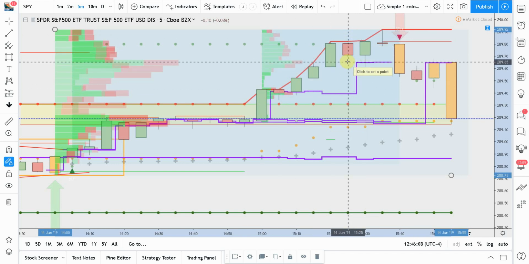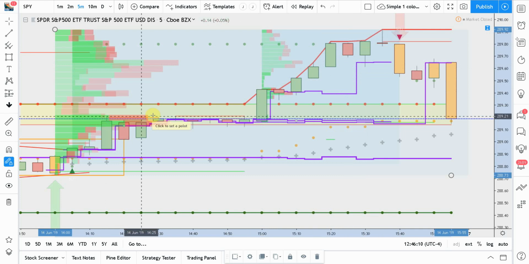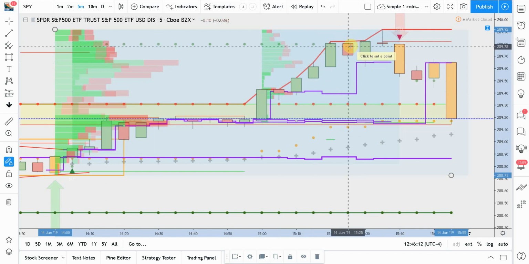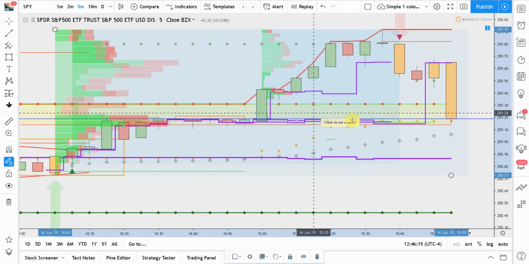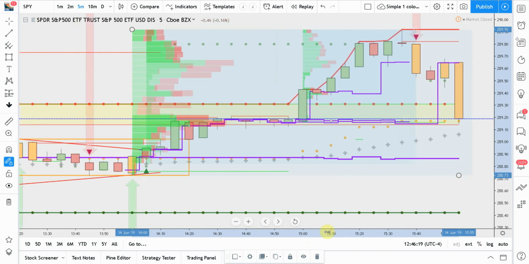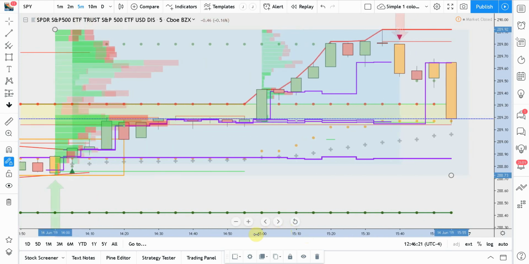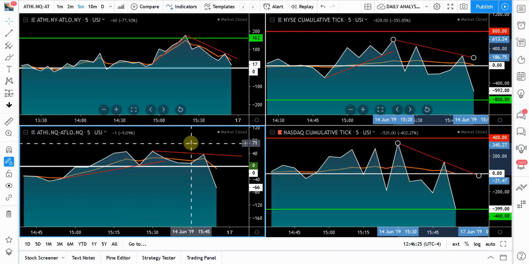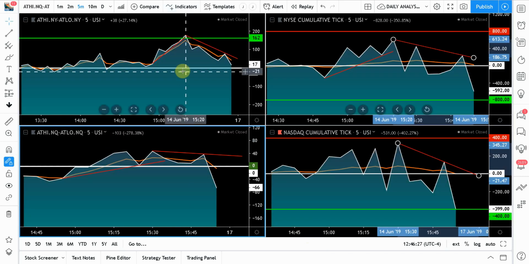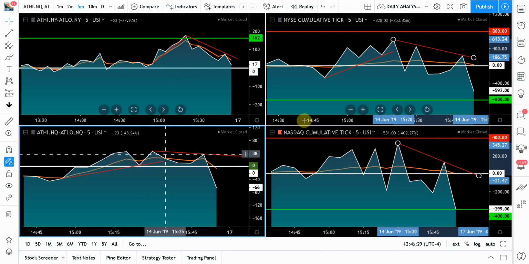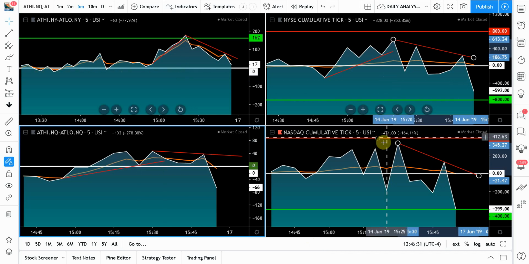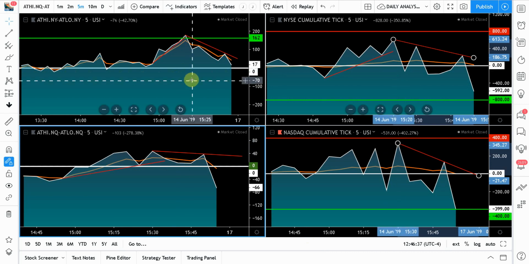So if you reduce the covering pressure, the buying, and you're at the end of what could be a 5-wave pattern, and you're a pretty far distance away from the opening 1 minute range, and you're at the high of day, then you start to look over here, and let's say, where did these peak out? 1:20, 3:20, 3:20, 3:20.